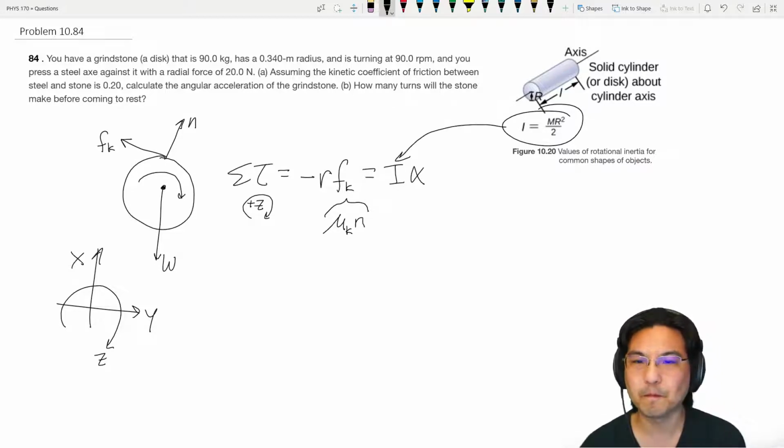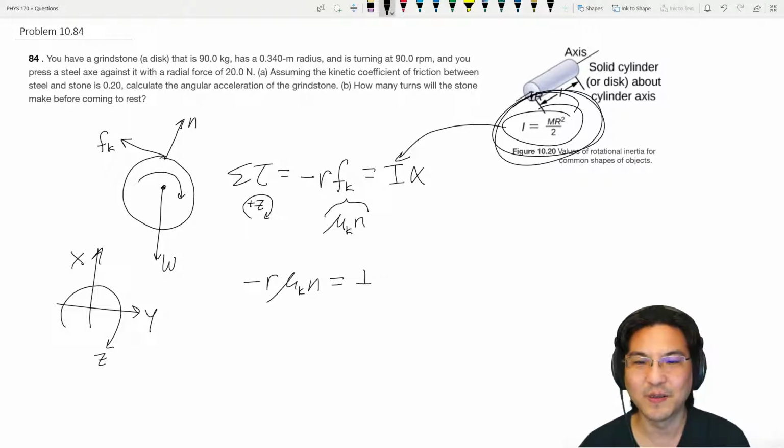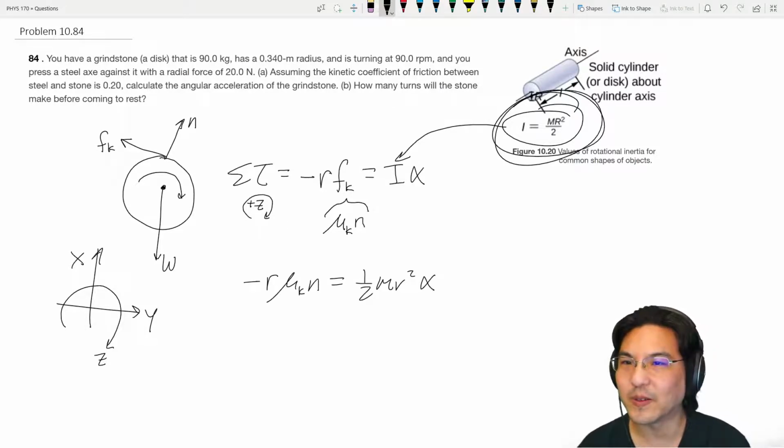So let's put all of that together. Let me just rewrite it. Minus R times mu k times N equals I, which is from over here, 1/2 m r squared, times alpha. Okay, and what are we trying to solve for?